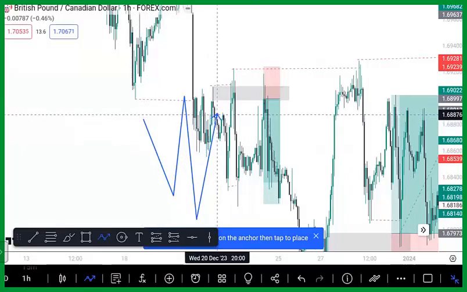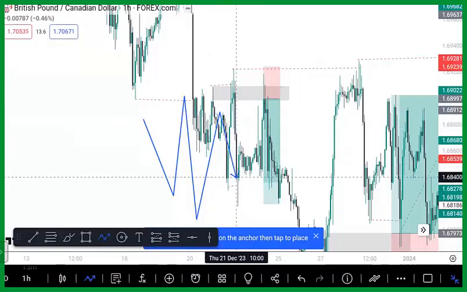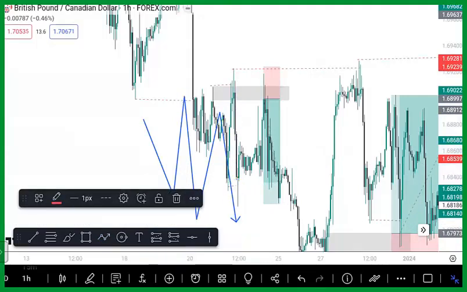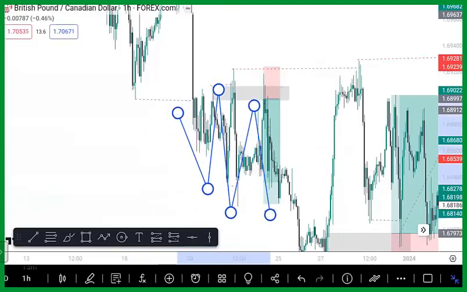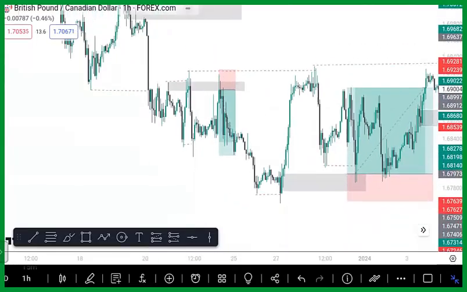Okay, expect it to come there, and once it gets there, your stop loss will be at the top high there and it comes down. Okay, so this is basically what happened here. All right, and this method or pattern always happens.